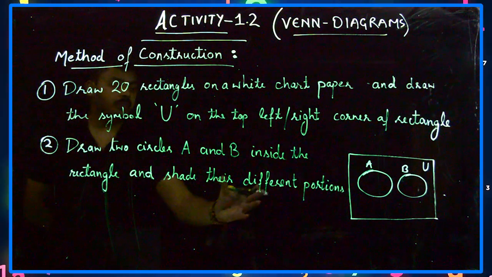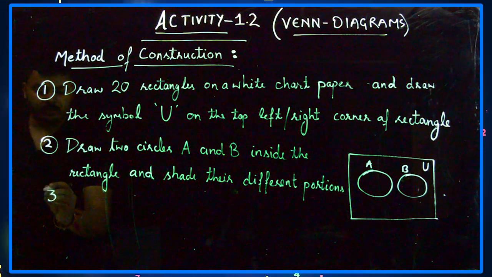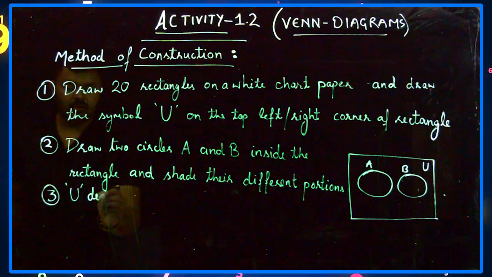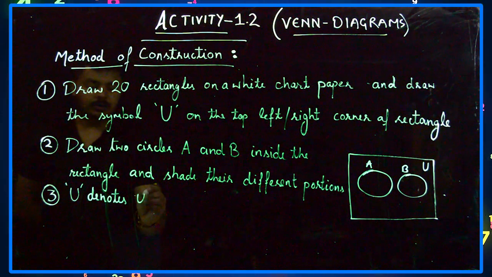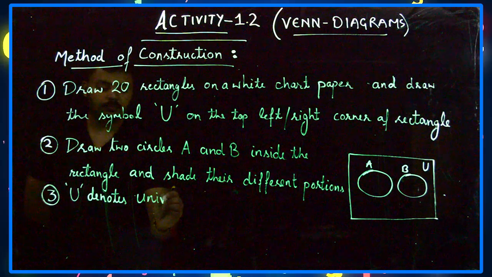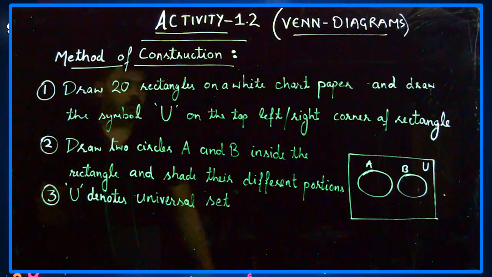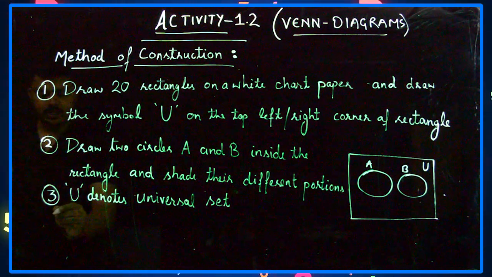Now follow this step in all the 20 rectangles. Now step 3. U denotes the universal set. Now this U in the rectangle represents the universal set.